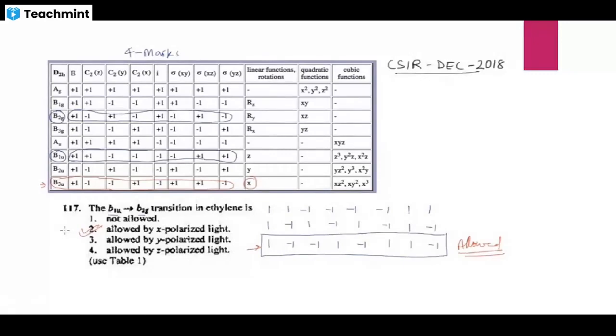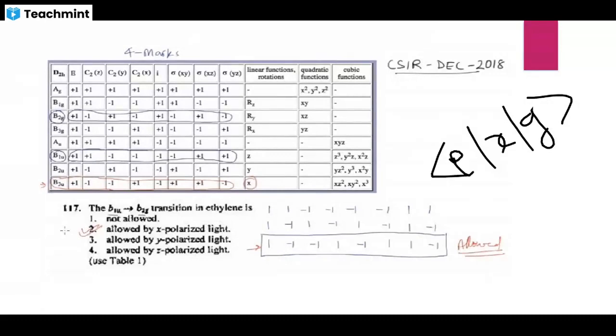Okay, so how does it come? Simple. First, the formula is like this: ground state, the x polarized light, and the excited state. The ground state, we first multiply B1u and x polarized light, y polarized light, and the excited state.